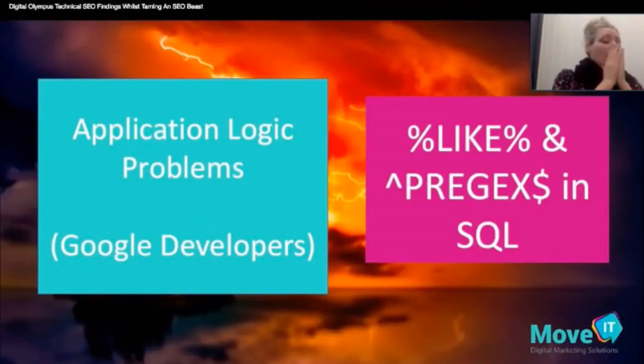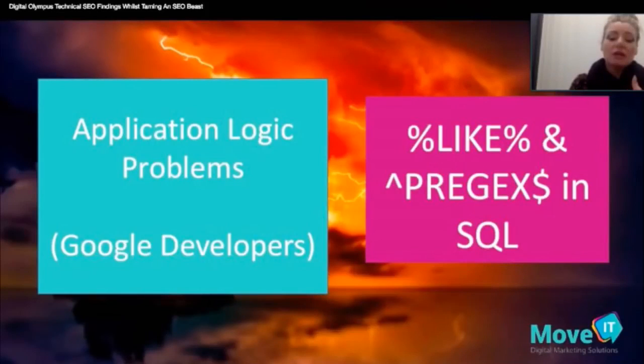So looking at SQL in phpMyAdmin, which is on an Apache server, cPanel, things like the wildcards surrounding LIKE and projects in SQL that literally pull way too much stuff. So it's a case of trying to test these things.